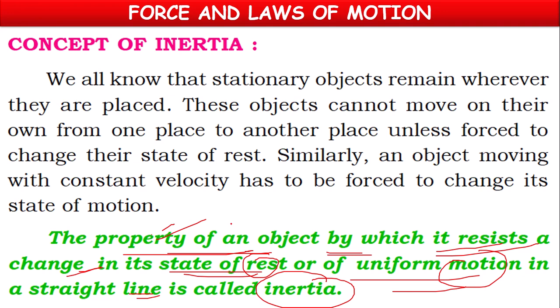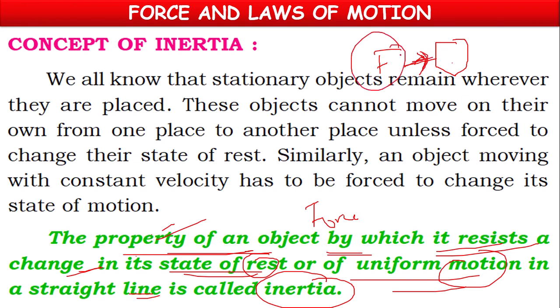If we try to apply some force, initially up to some extent it tries to resist that force. If there is a huge stone and you apply force, immediately it won't move because it will try to show resistance to our force.